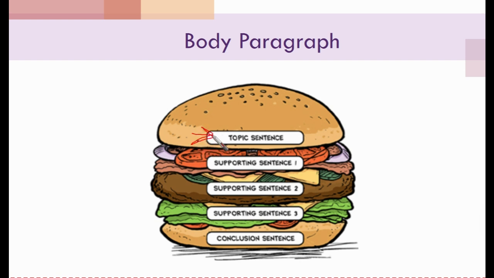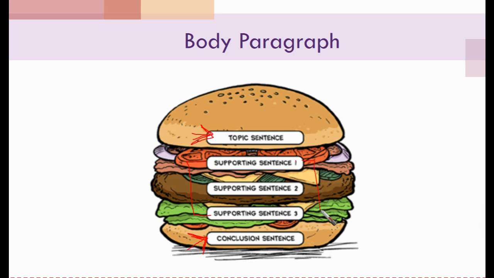That means you start with a strong topic sentence, and at the bottom there's a concluding sentence. This is the part that we're going to talk about later, and today we're going to focus on supporting sentences. How many supporting sentences are there? There are 1, 2, 3 supporting sentences.